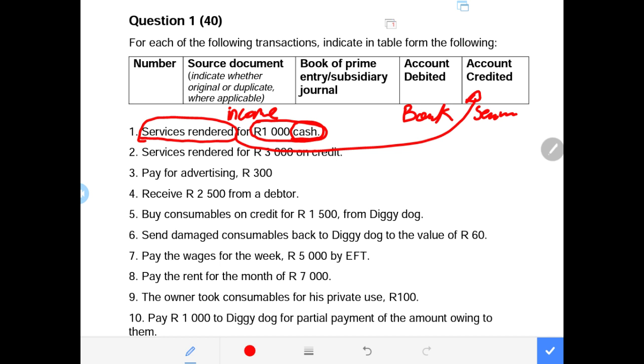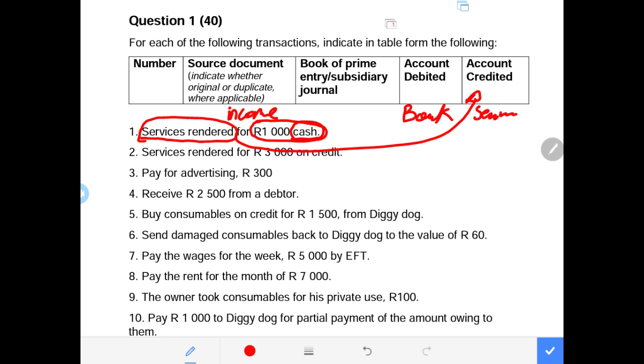In this case, because we have rendered the service, if we are a hair salon, we render the service of whatever hair it is to our client, and the client gave us 1,000 Rand. If we are a painting company, our service is to paint, so we painted for the client and we received money.